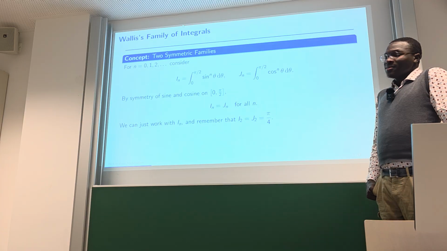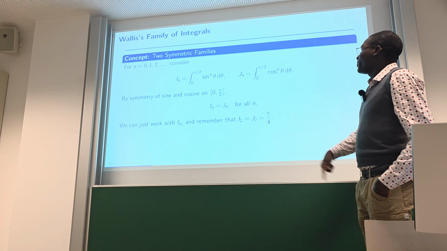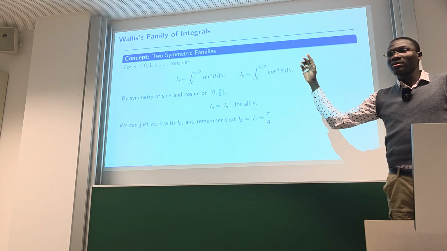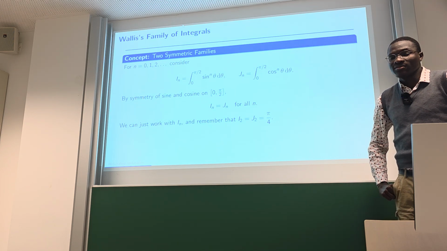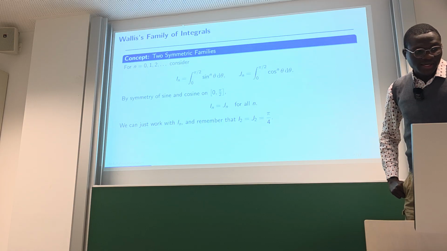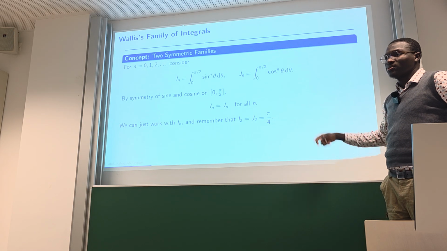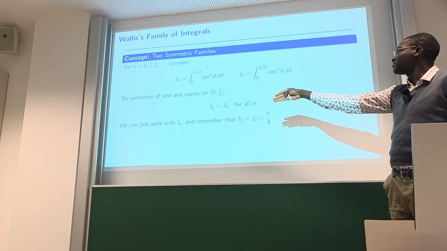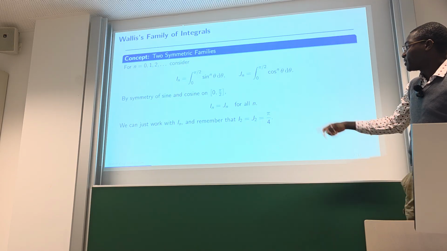That's the symmetry of the sine and cosine, so by that you have that these two integrals are the same, which means whichever integral you pick to consider, you would end up with the same result. And we can just work with I_n and remember that I_2 is J_2, which is pi over 4. You could try to work with the cosine one, but I would be working with the sine one. But they are the same.